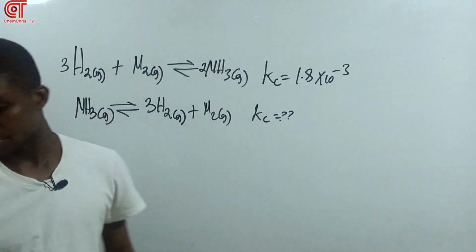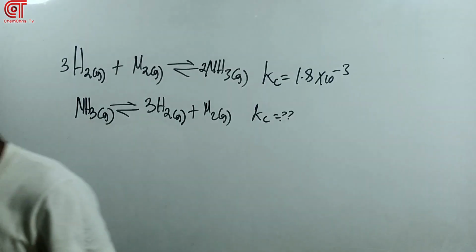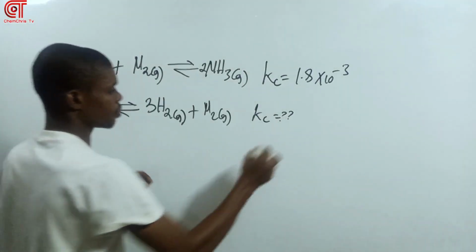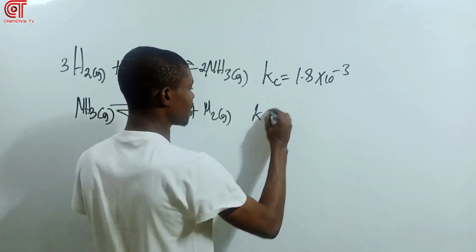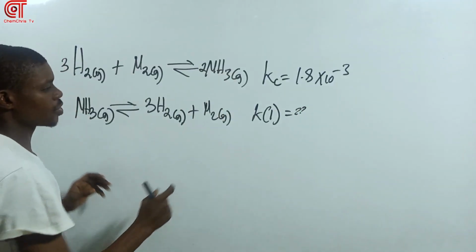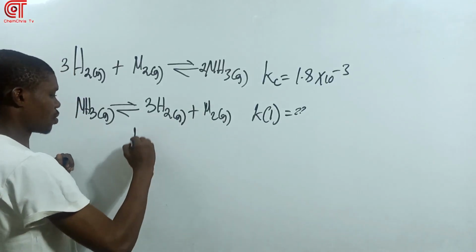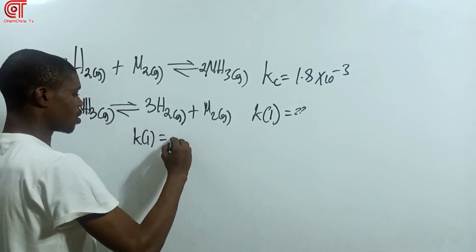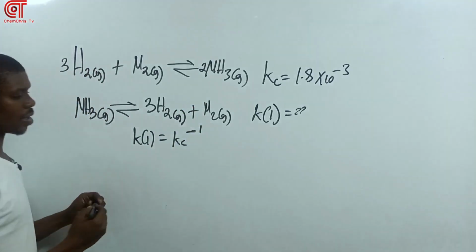So here, let us use K1. What became one here? Because this one is a reverse of the other, K1 is going to be Kc raised to minus 1.